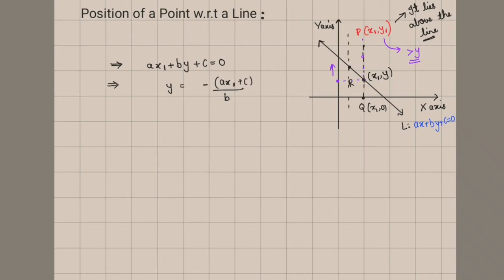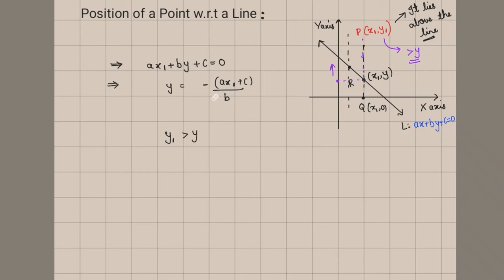So for every point on the line, all the points above the line have a higher ordinate. Now, we got a condition that y1 should be greater than y for P to be above the line.